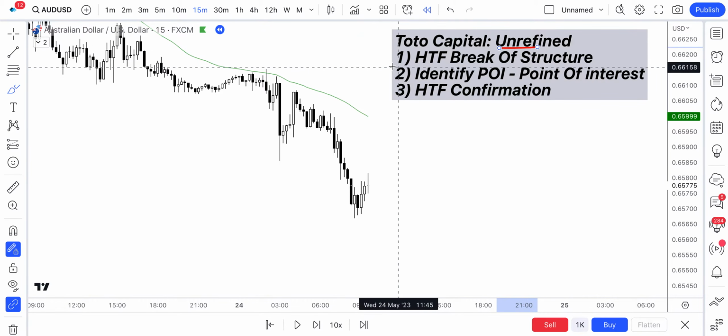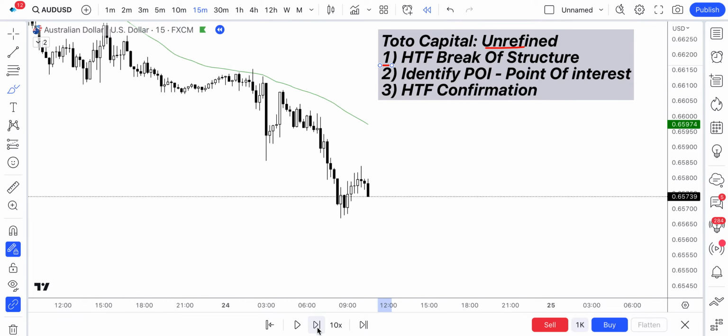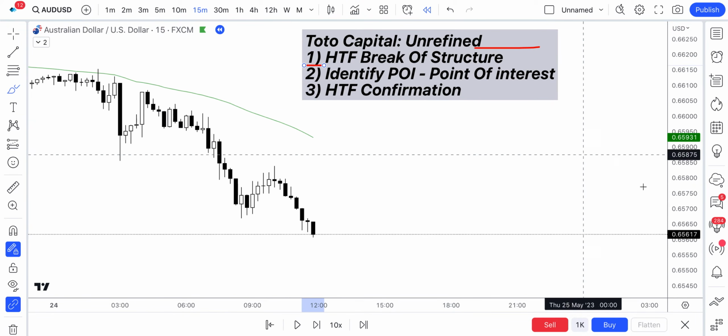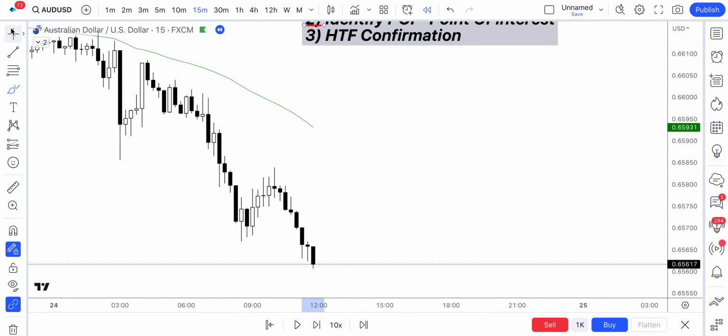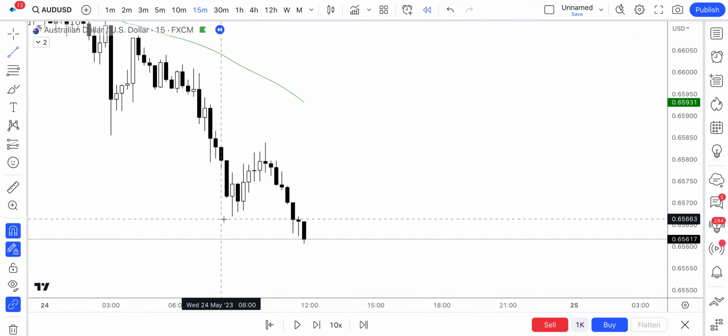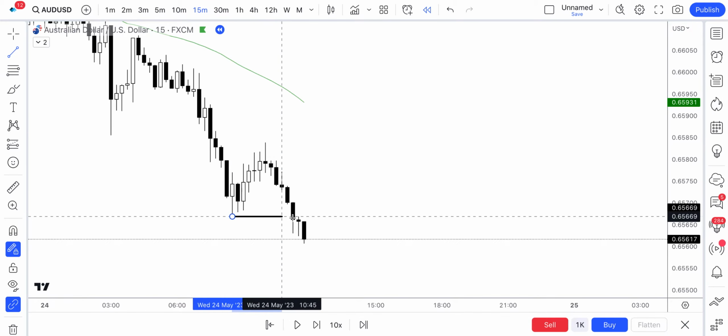Okay, so number 1 is our higher time frame break of structure. And this is very simple. Okay, so you can clearly see here, let's zoom in, guys. Let's jump in. Clearly, we've broke structure to the downside.